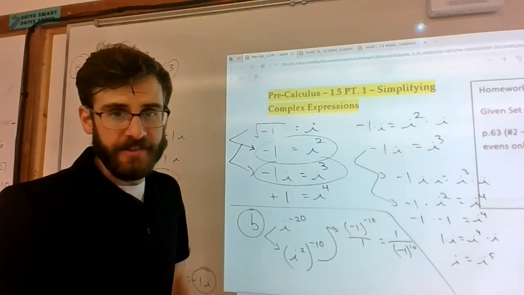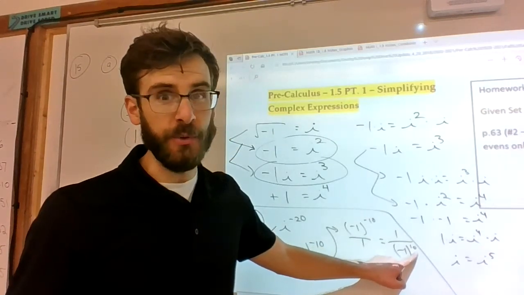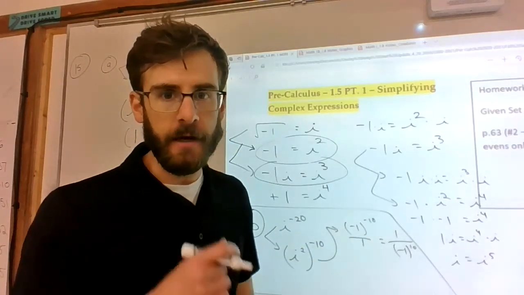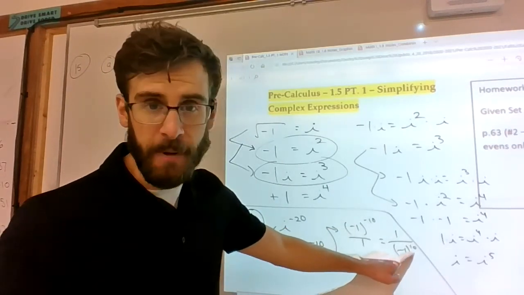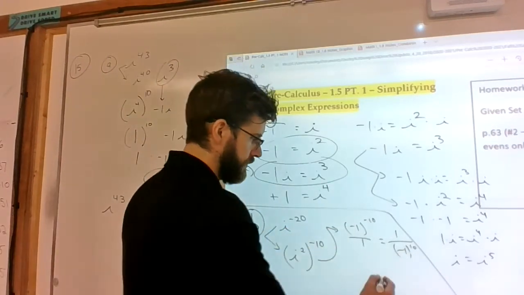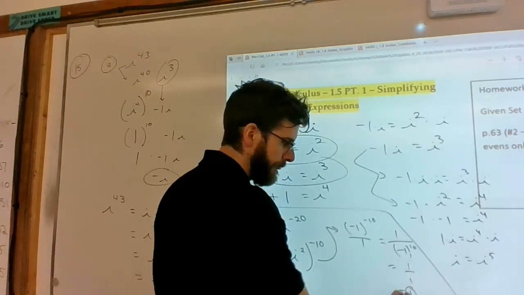At any rate, a negative number to an even exponent will make it go to positive 1. So negative 1 to an even power creates a positive 1. So this is 1 over 1. It's 1.